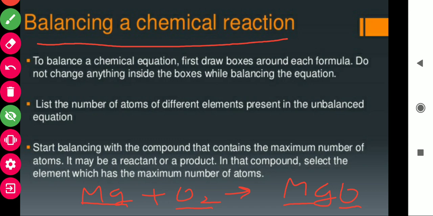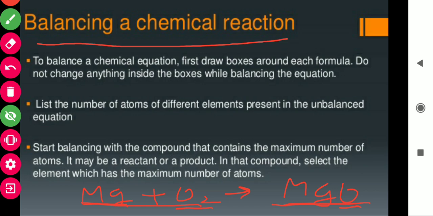When the number of atoms on both sides, RHS as well as LHS, is the same, then this reaction is known as a balanced chemical reaction. And one more point, which we studied in class 9th: the elements present on the left side are reactants and on the right side are products.